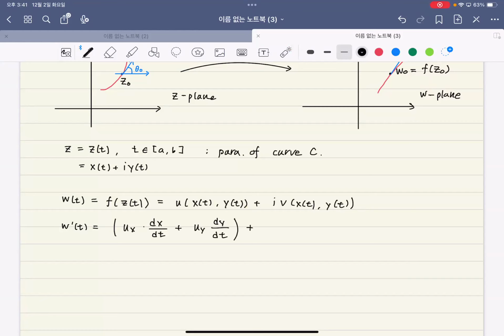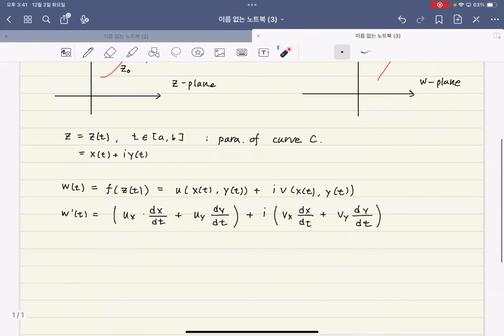And plus, now I just carry over, and I need to take a derivative of this one. And this is v_x times dx/dt plus v_y times dy/dt. Since my function was assumed to be analytic at this point, I can now take advantage of the Cauchy-Riemann conditions. u_y was minus v_x, and v_y was u_x.